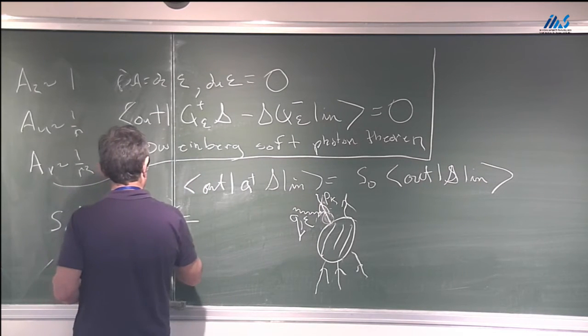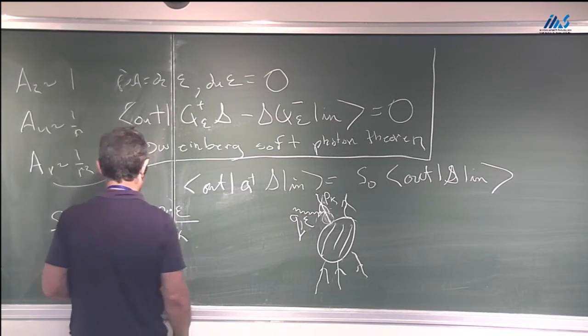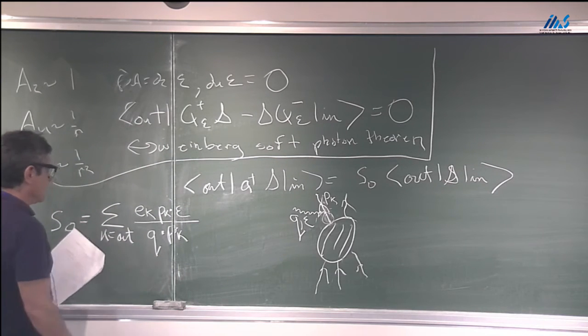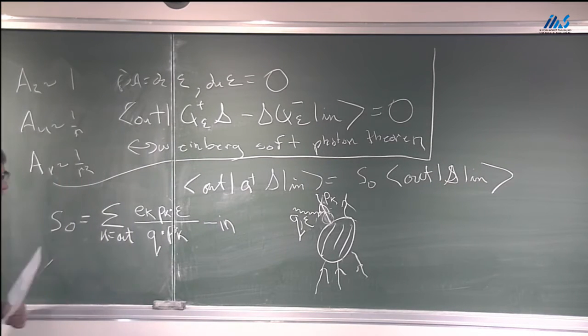So we have q, the inner product of q with p_k. And then you have minus the same thing with all the incoming particles.